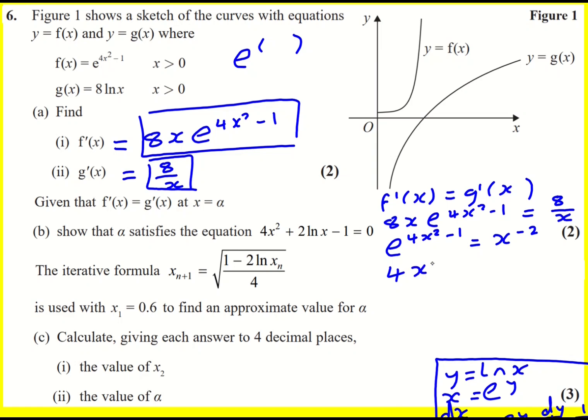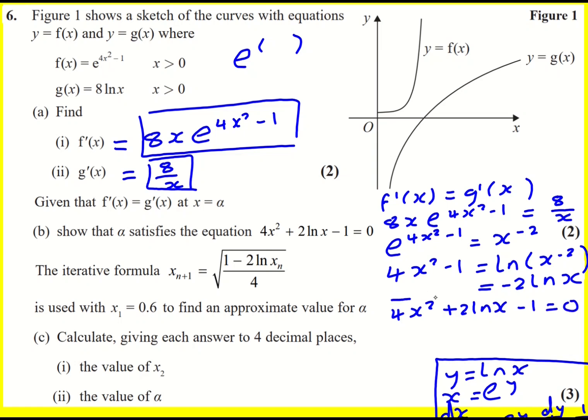I'm going to get 4x squared minus 1 equals ln of x to the minus 2. And that becomes minus 2 ln x. And then we're there. We're going to get 4x squared plus 2 ln x minus 1 is equal to 0. So alpha will satisfy this.